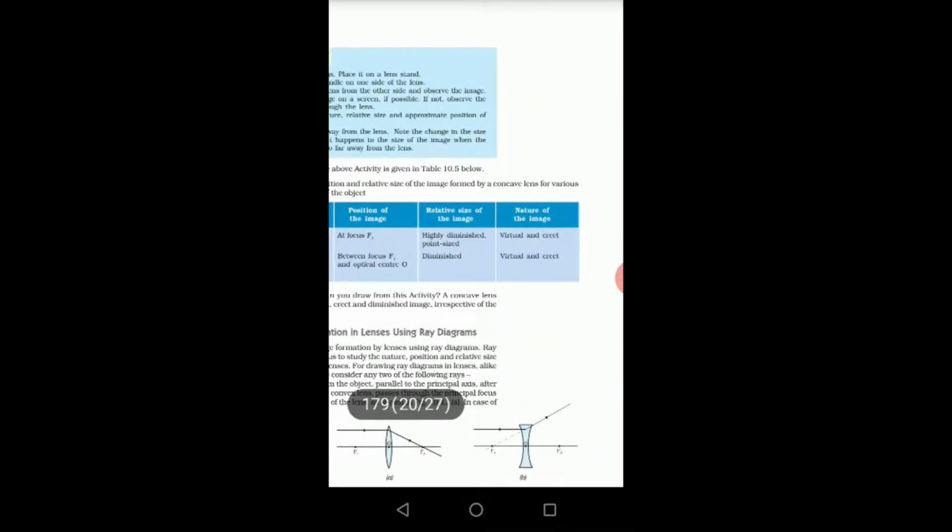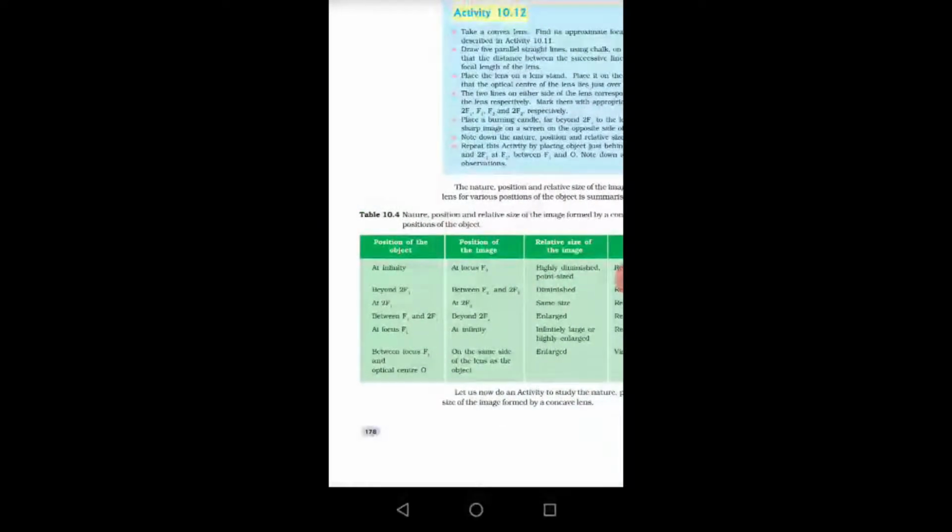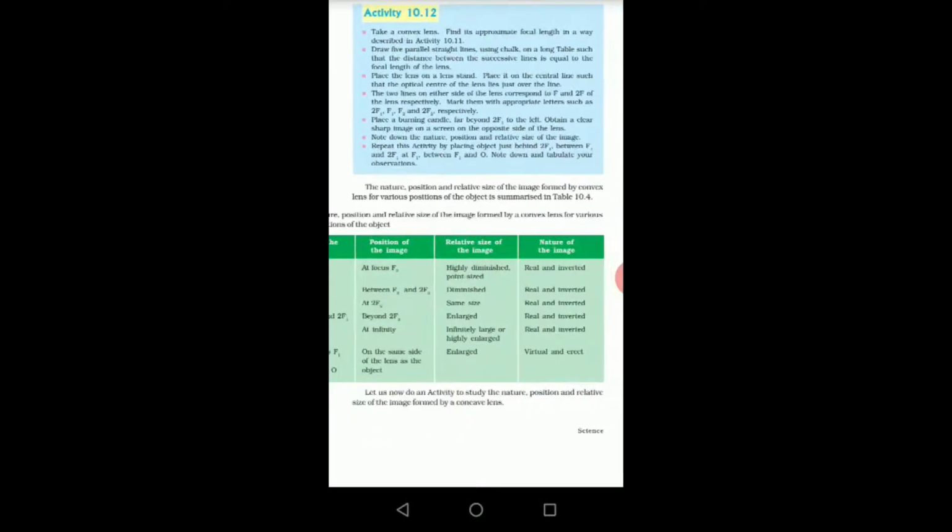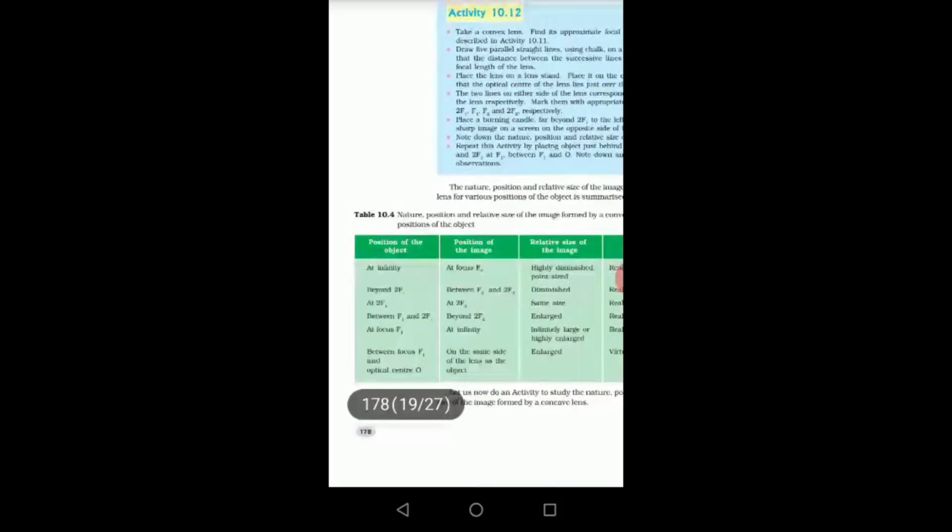Now, on the basis of the above rules, image formation by convex lenses. Case number 1, when an object is placed at infinity. A, image is formed at focus.